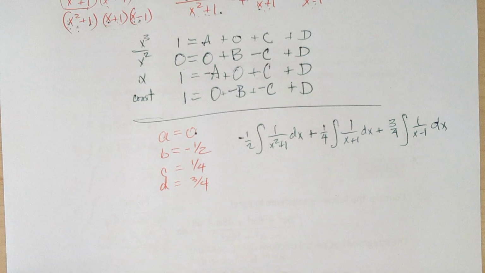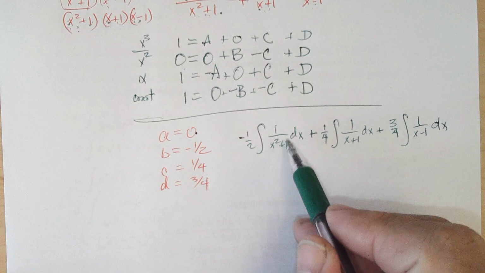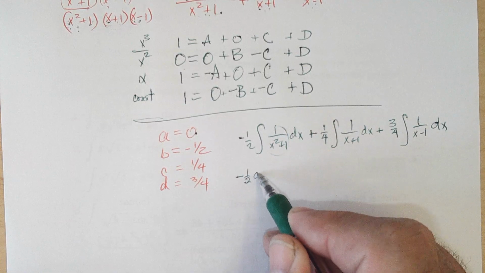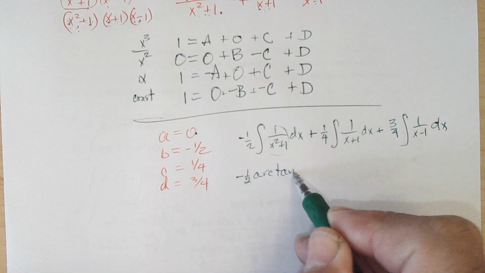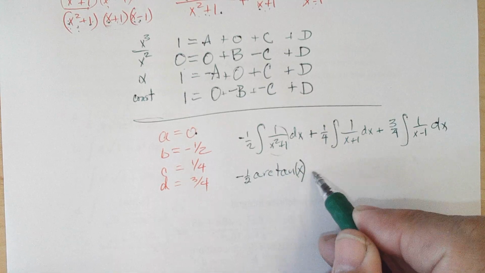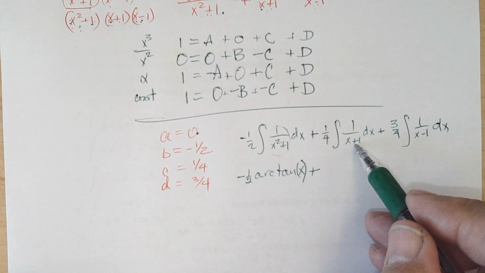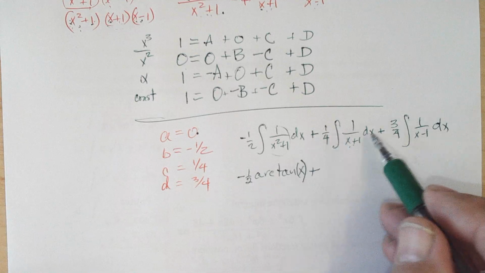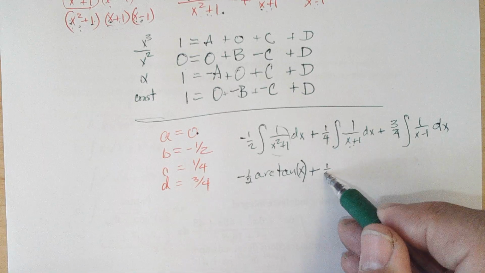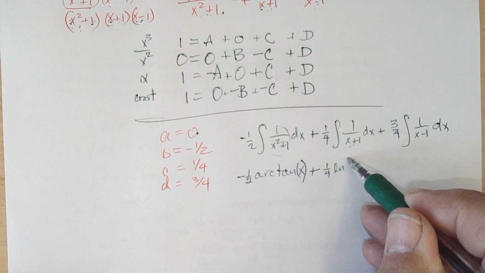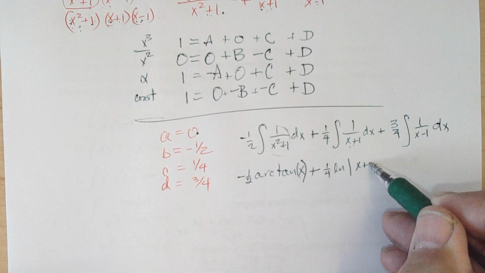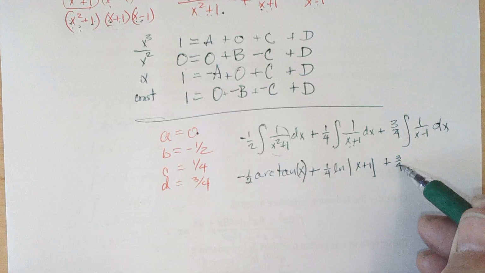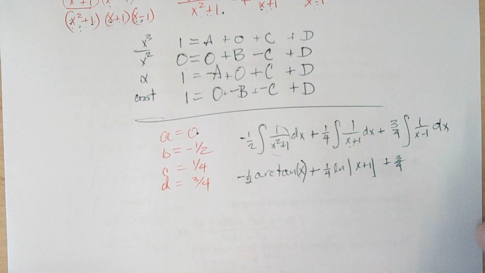So, this looks like arctangent, so we got minus 1/2 arctangent x plus, if I did a u sub for that, that would be 1 over u du, and so I just get ln of x plus 1. 1/4 ln absolute value x plus 1 plus 3/4, same thing if I let u be this.